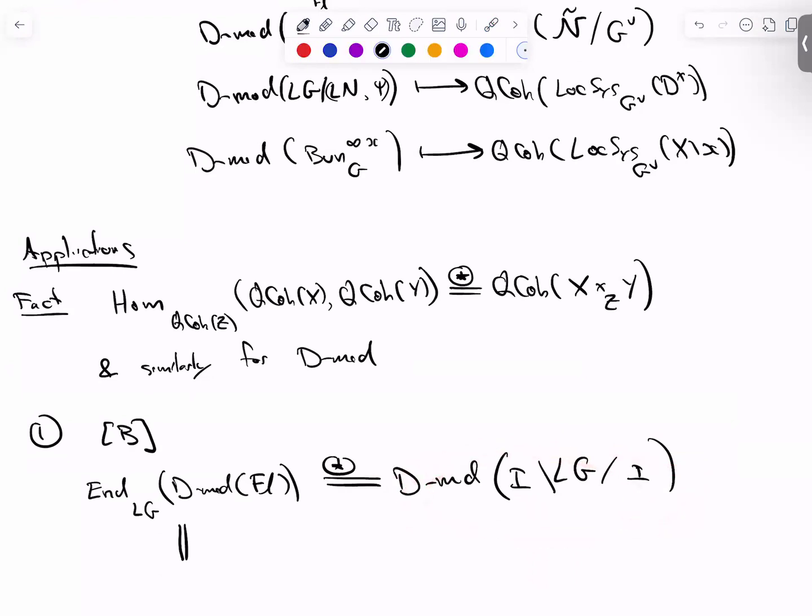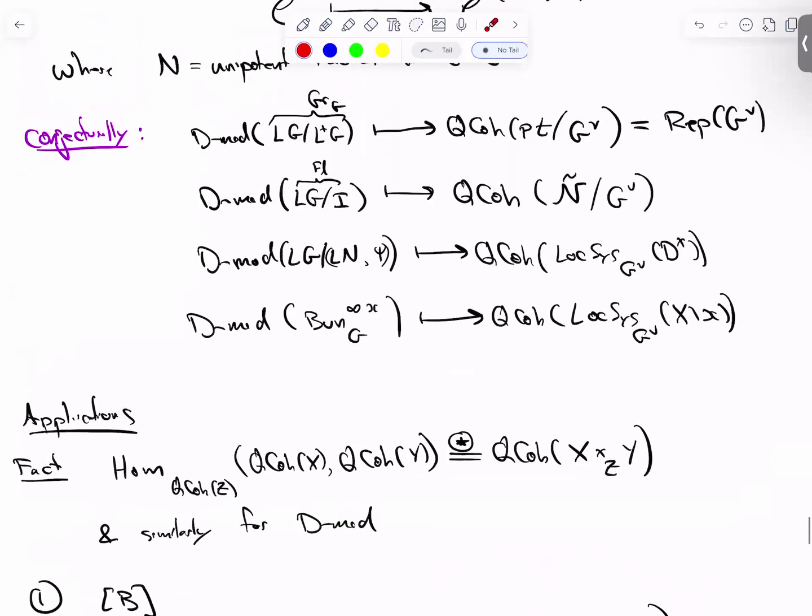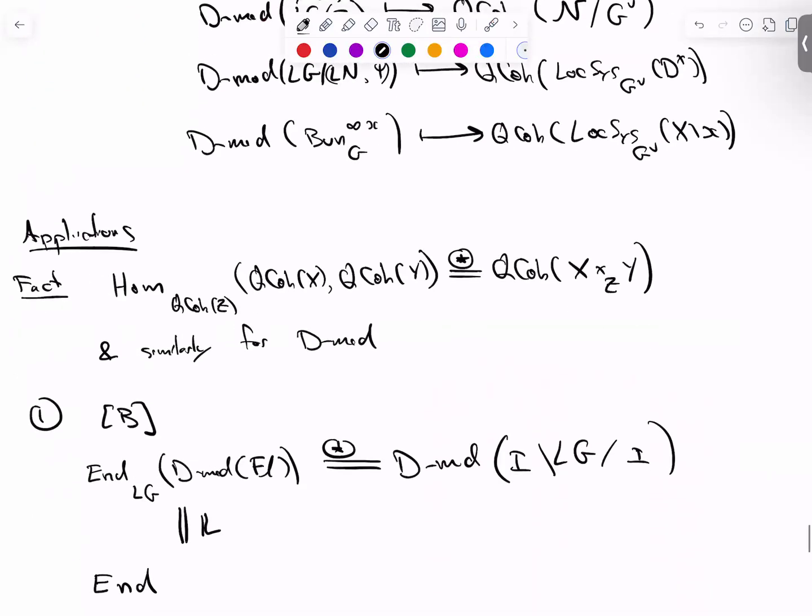Now on the spectral side, where does it go? Well, it goes to quasi-coherent sheaves on Springer mod G check.